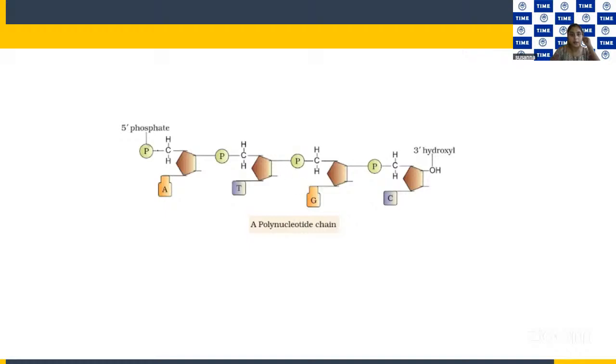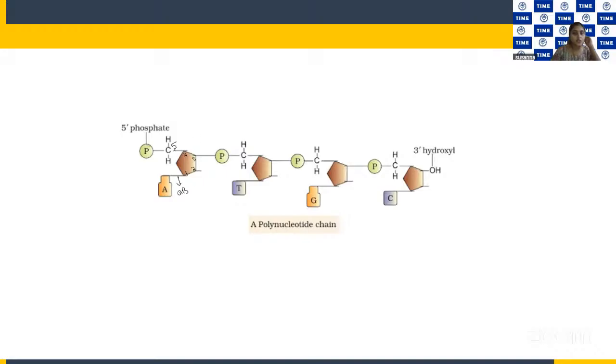So this is the 5' phosphate, attached to the 5' carbon. Here we have the fourth carbon, here is the third carbon, second carbon, first carbon. To the first carbon, as I said, we have the nitrogenous base attached through a glycosidic bond.